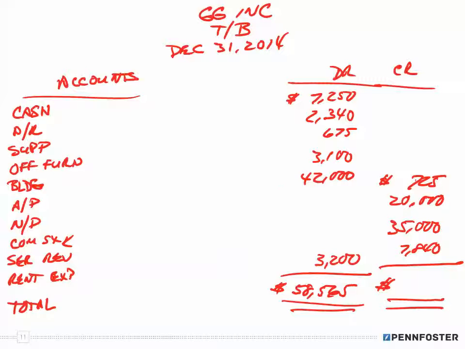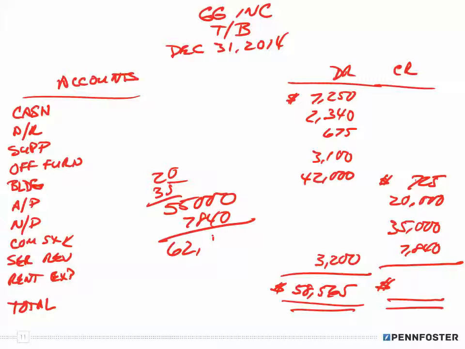When I add up the 725 and the 20,000, 35,000, and 7,840, I end up with, so 20 and 35 is 55,000, and then 7,840 means I have 62,840, and 725 to that is 63,565.